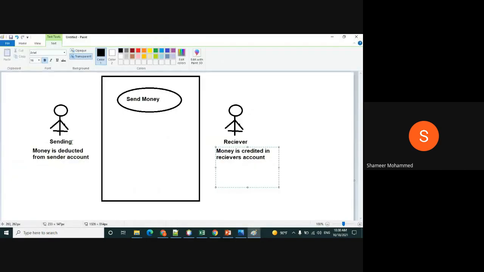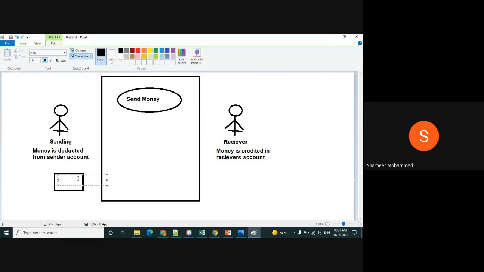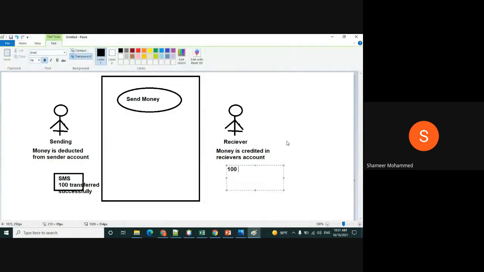So when you send the money, money is deducted. After that, you will get a message, an SMS, that 100 Riyal is transferred successfully. The receiver will get a message that 100 Riyal is received from a certain number.